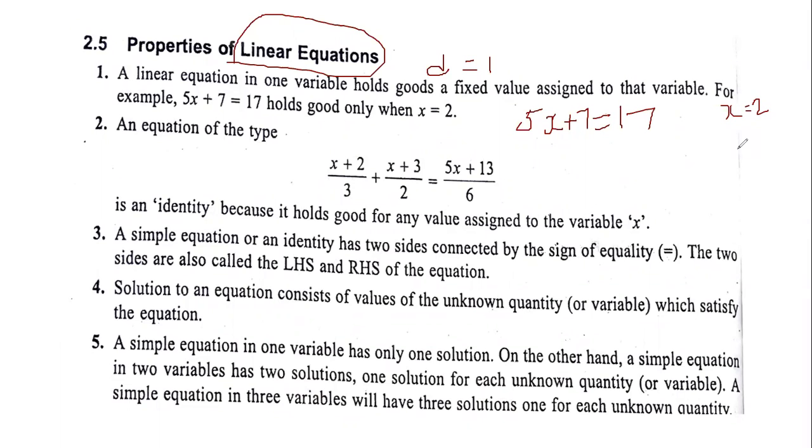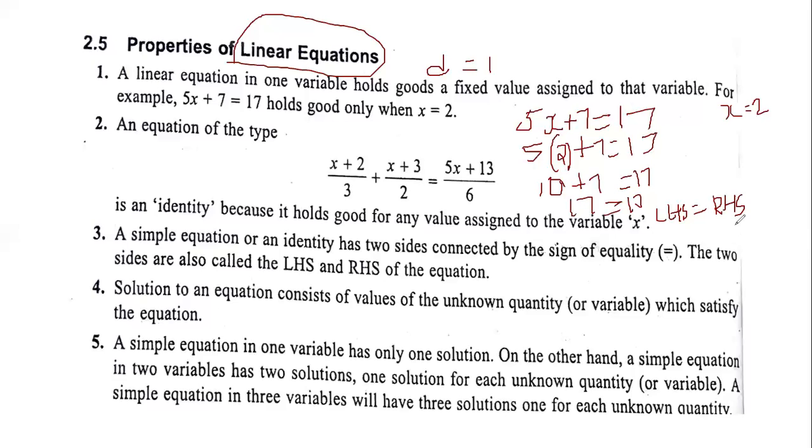Now let us solve this equation. In the place of x I will put 2. 5 2s are 10 plus 7 is equal to 17. 17 is equal to 17. LHS is equal to RHS. Yes, my right hand side is equal to left hand side.